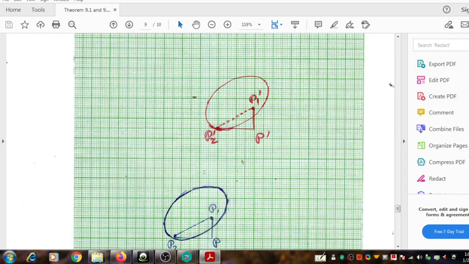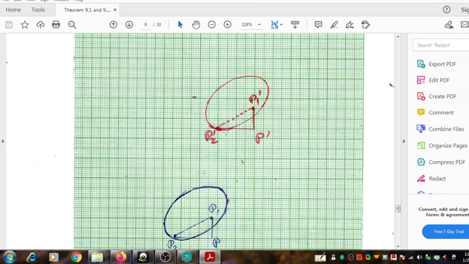Once again, the straight distance between the points P1 prime and P prime is equal to the magnitude of the difference between the y coordinates of the lattice points.